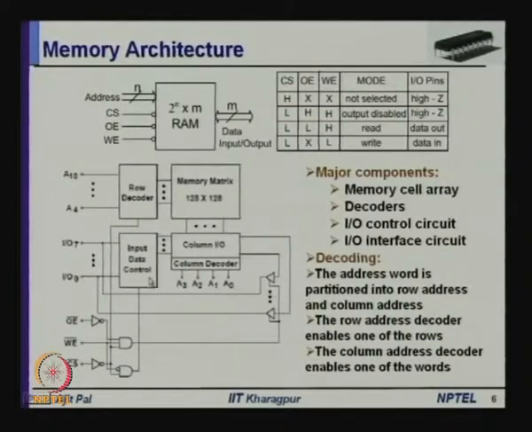So you have control circuitry, input data control, and then the column IO control circuit. I am not going into the details of these circuits, but you can understand from this basic block diagram how exactly they will operate. This is the overall structure of a memory chip.